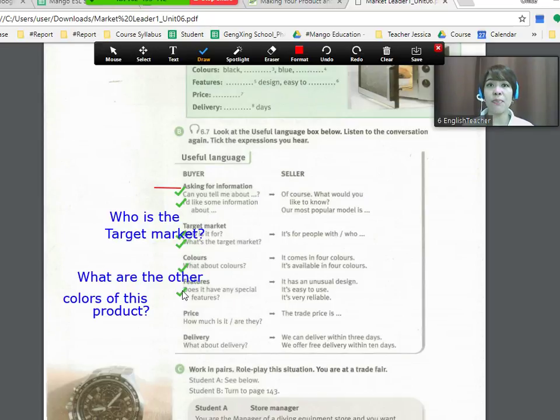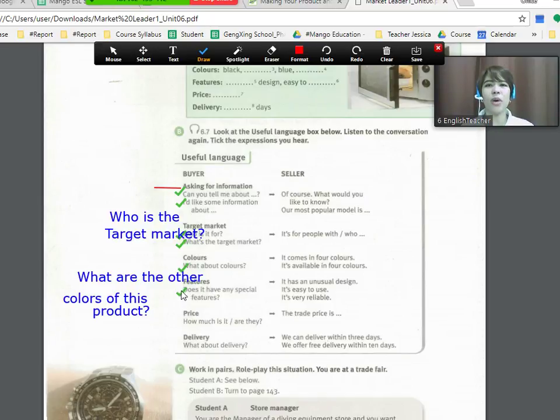What are the specifications? So you can say it is waterproof, it doesn't run out of batteries, the battery life is very long. So these are the special features or what we call the specs.